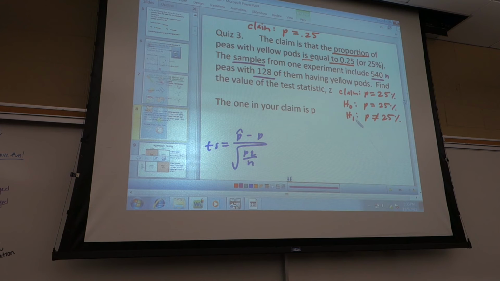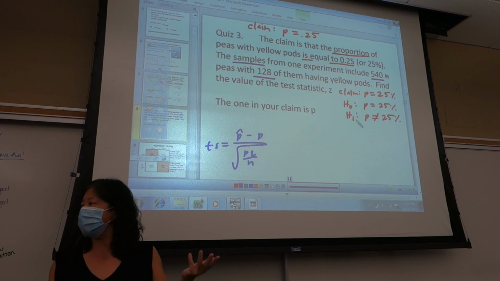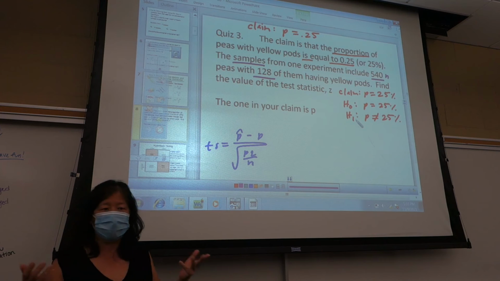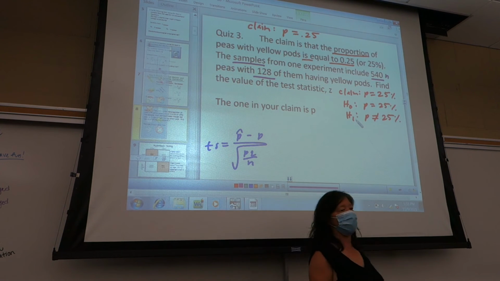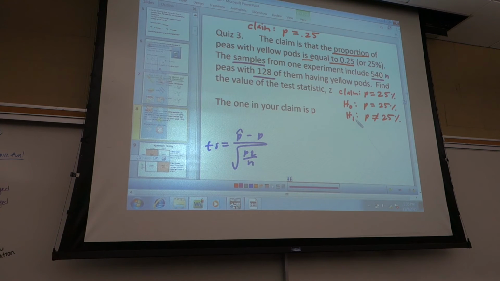It just says 128 of the pods. So that means that 128 of them said yes, they're yellow. So the percentage of yellow pods would be 128 over 540. That's my p hat.